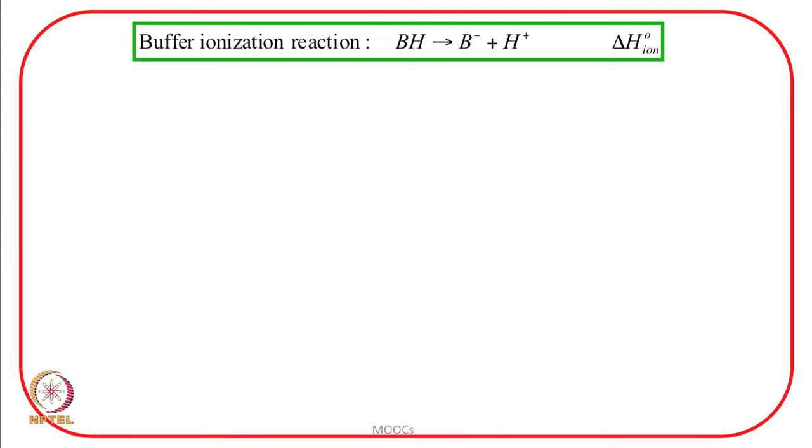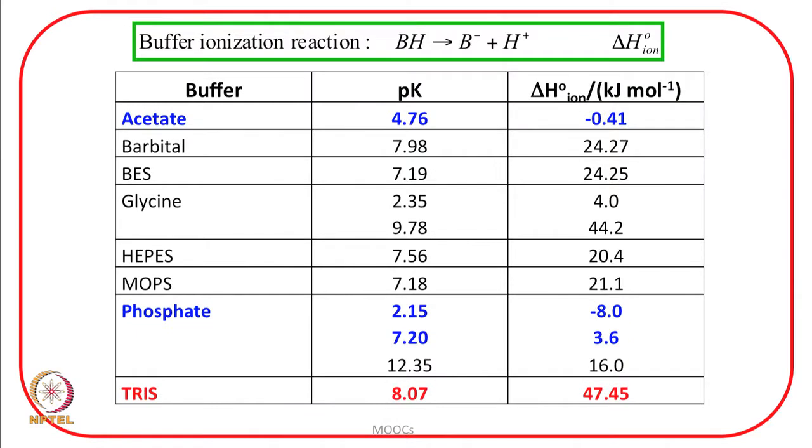So, therefore, let us take a look at the ionization enthalpies of a few buffers. Let us take a look at this table. How do we decide which buffer we need to choose? If we want to prepare a solution of pH 5 or a solution of pH 7, physiological pH is 7.4.